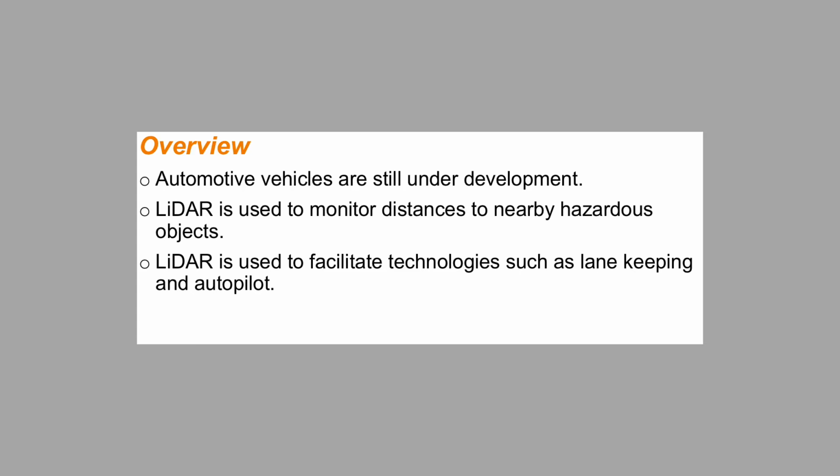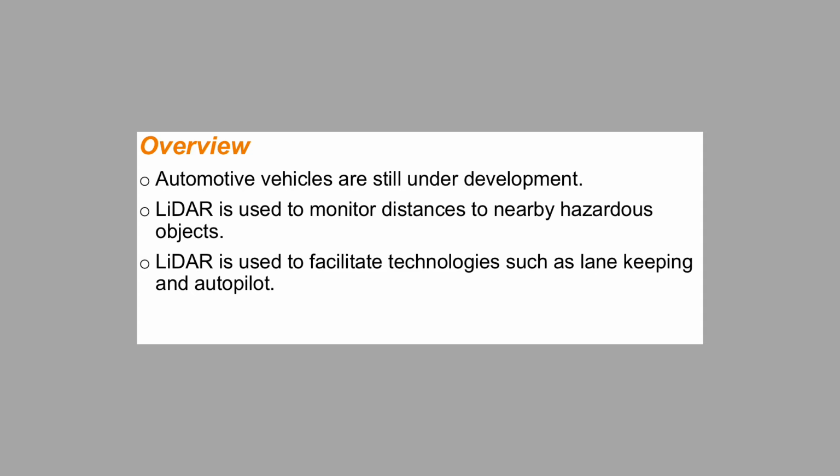So let's get into the overview. Autonomous vehicles have been under development for years now, and LiDAR is one of the cornerstones in autonomous vehicles. LiDAR is basically used to monitor distances to nearby objects.